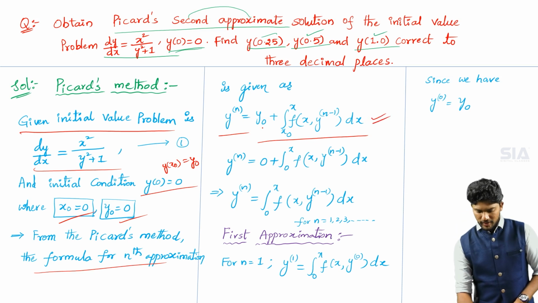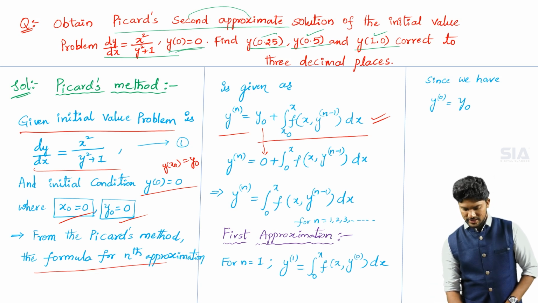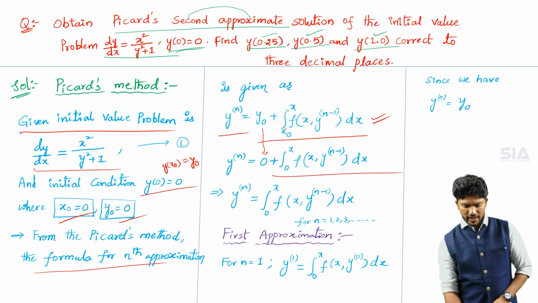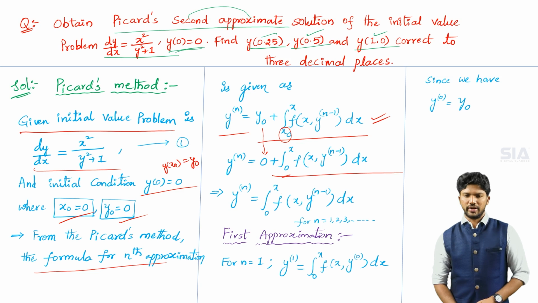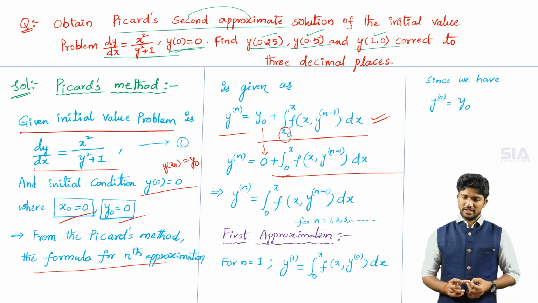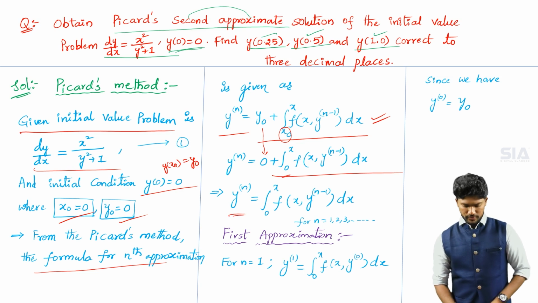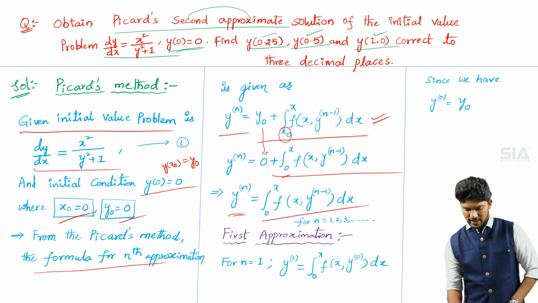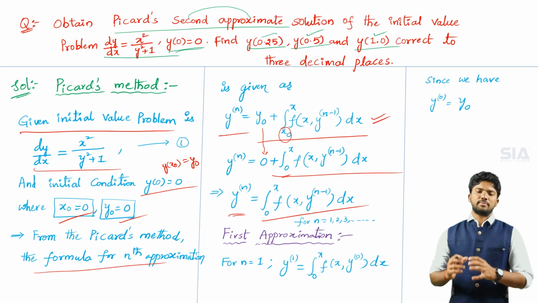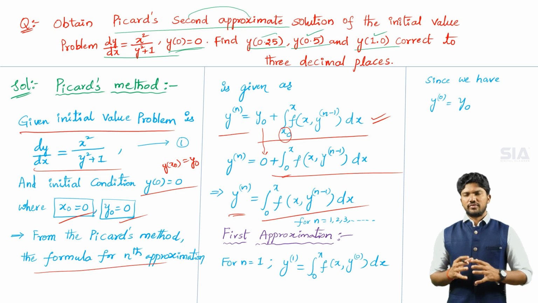Now substitute the y naught value, which is 0, and the x naught value, which is 0. So the nth approximation is equal to integration over 0 to x of f of x comma y power n minus 1 dx. That is the final formula.